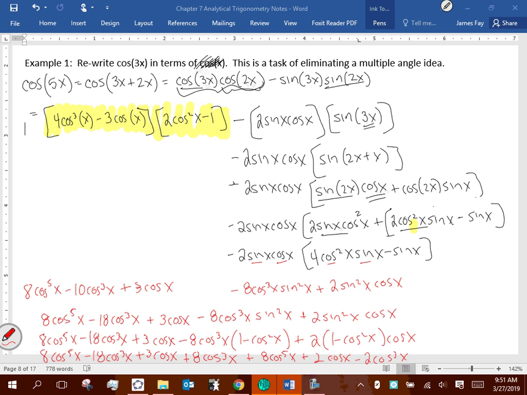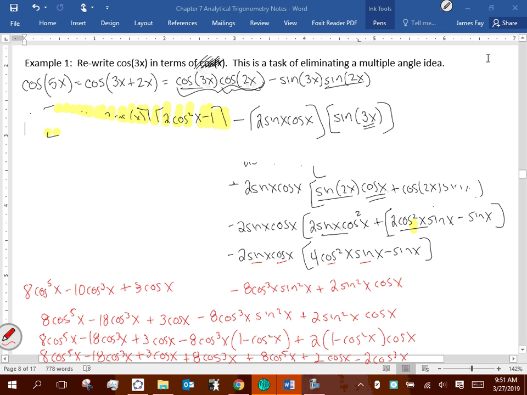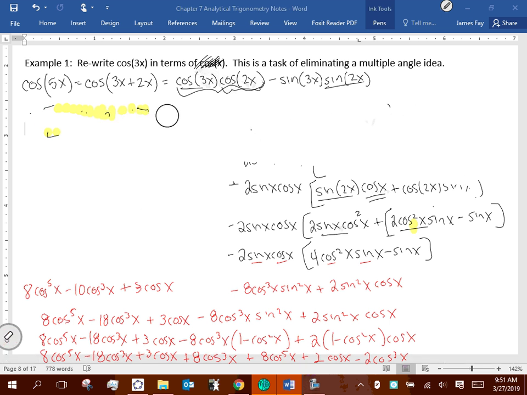Now, hopefully, if we did all this correctly. All right, so this is going to end up looking, we have 8 cosine of the fifth plus 8 cosine of the fifth, so that's 16 cosine to the fifth x's, right?